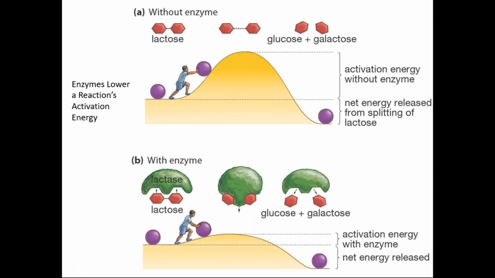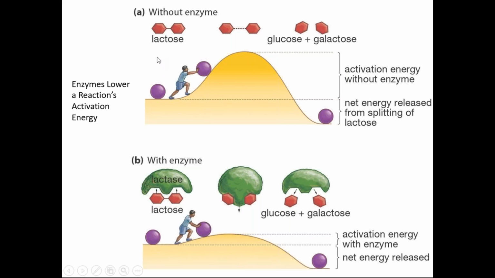So this is a better picture to show you how the lowering of the energy of activation takes place. If a ball has to be pushed across a mountain, this is the energy used in the absence of the enzyme. In the presence of the enzyme, you see there is not much energy required.